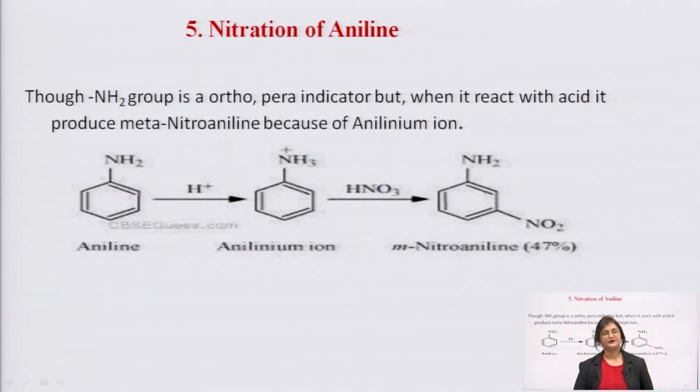So, let us move on further. Nitration of aniline. Though the amino group is an ortho-para director, when it reacts with acid, it produces meta nitroaniline because of the anilinium ion.